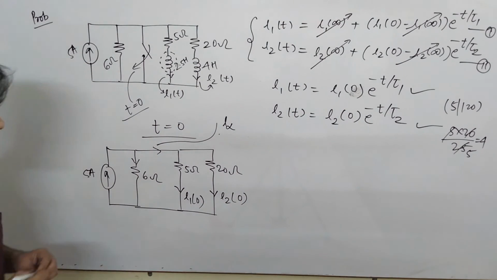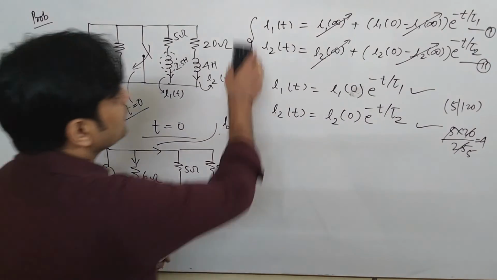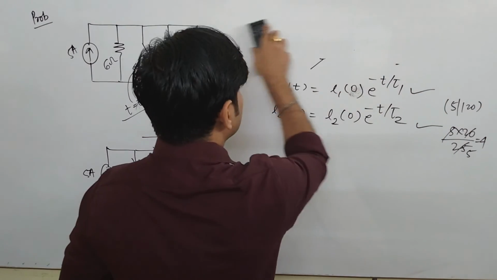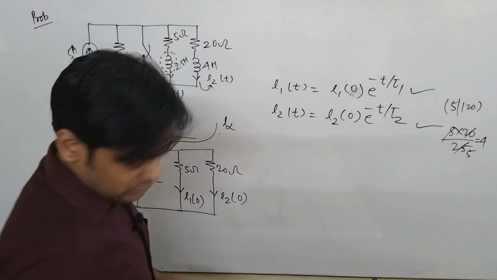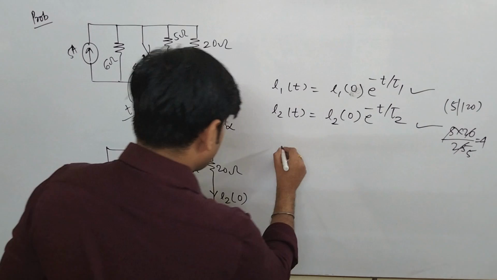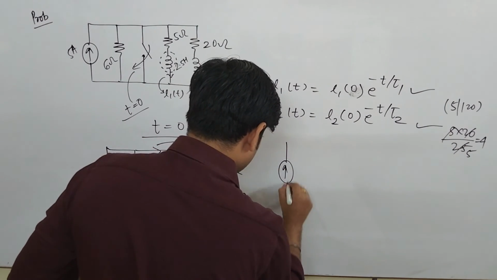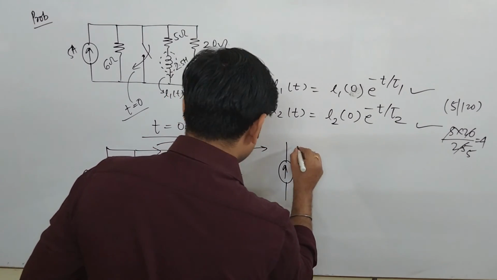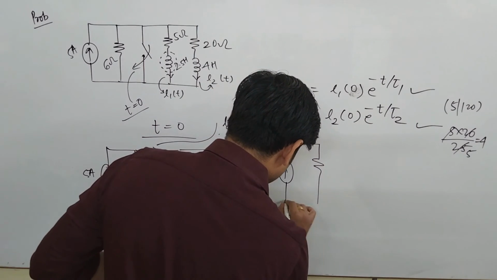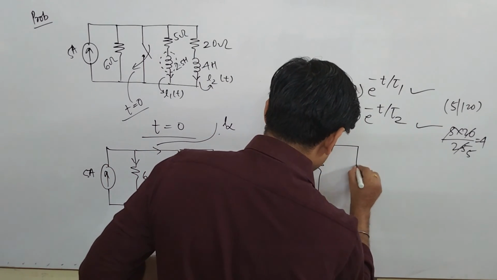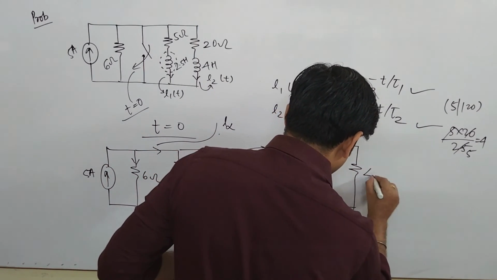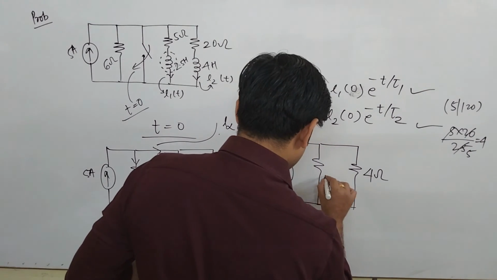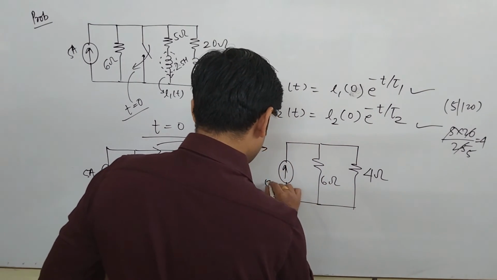If you want, I can redraw this circuit. So this is 6 ohm and here is the resistance of 4 ohm, and this is 5 ampere.